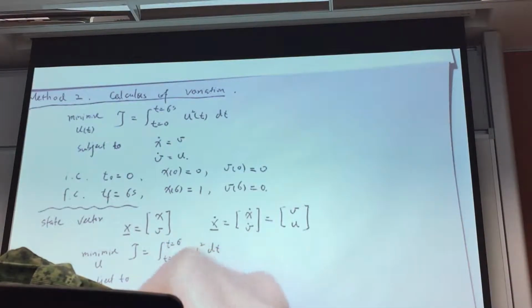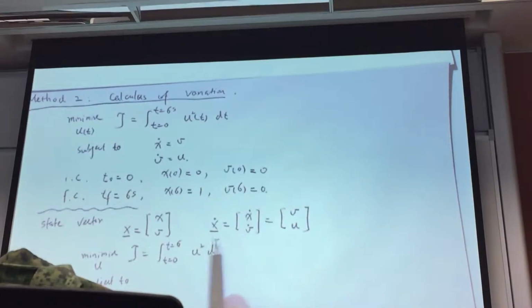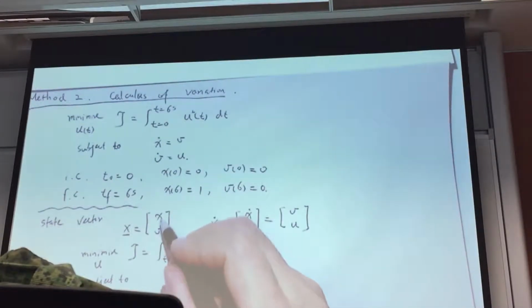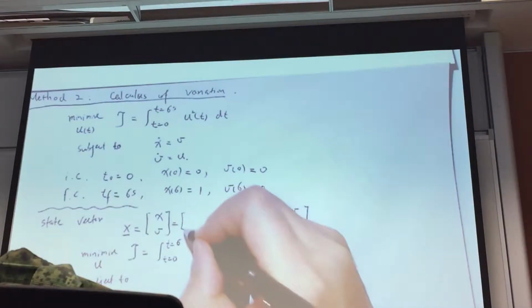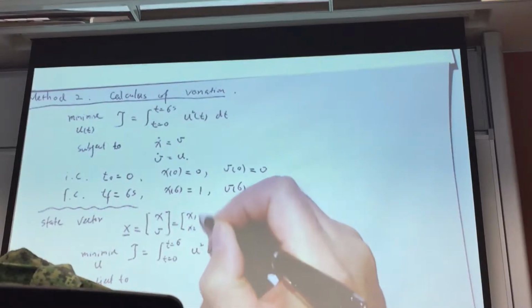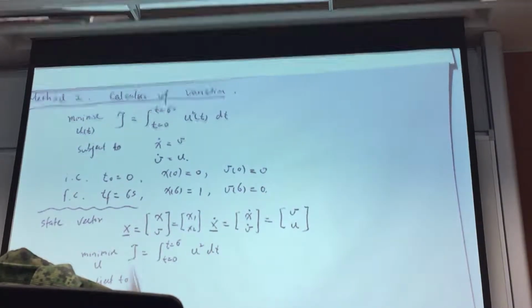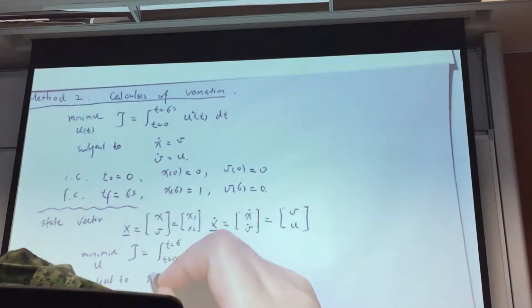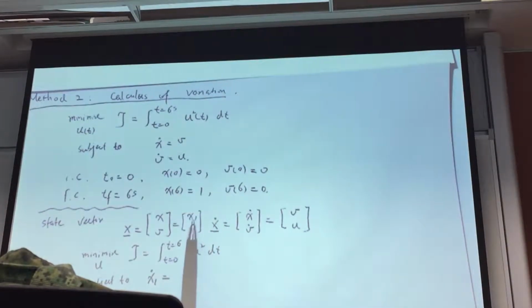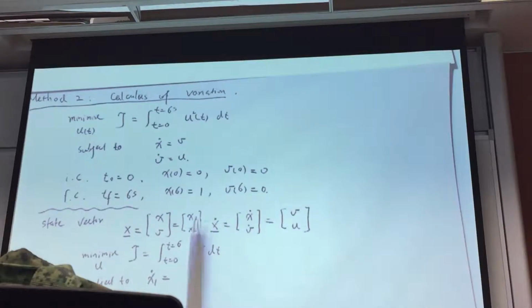So subject to the dynamics. The first dynamics equation is x. The x can be represented by x1 and x2, two components in the state vector. So x1 dot is x dot. The x dot equal to v, which is x2.